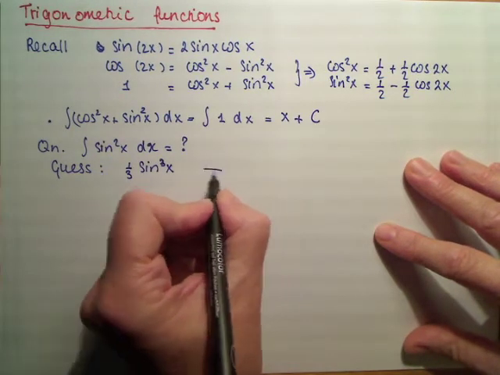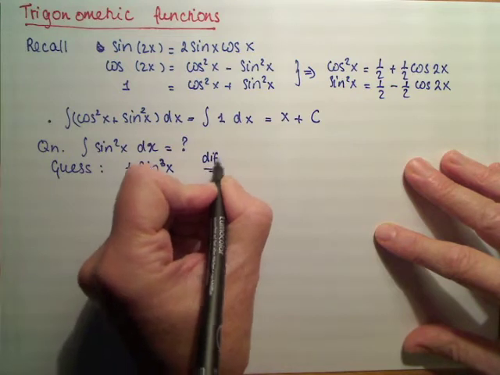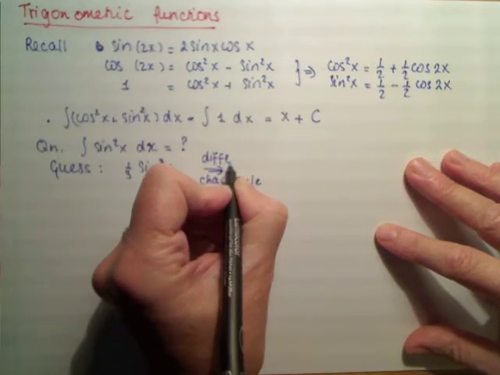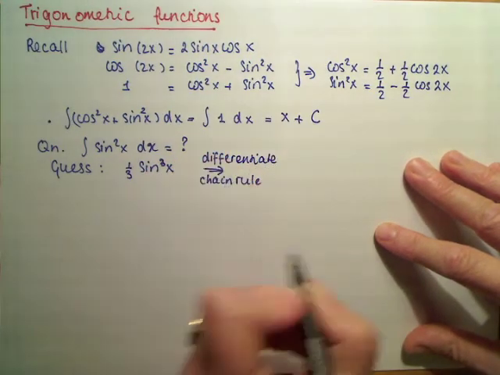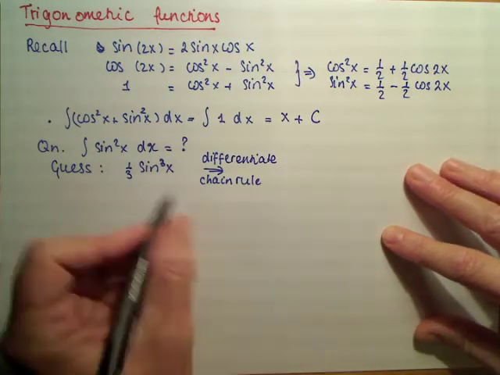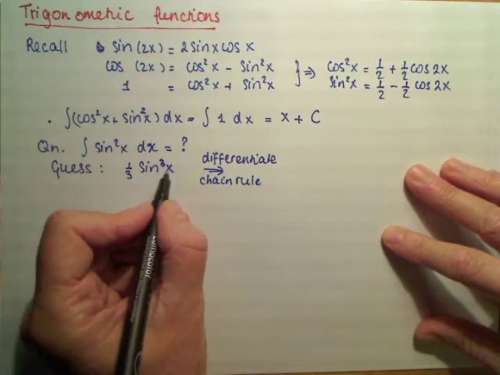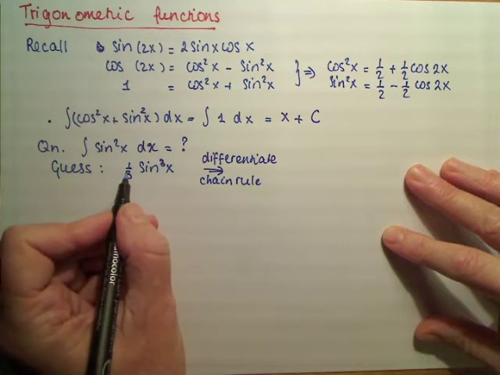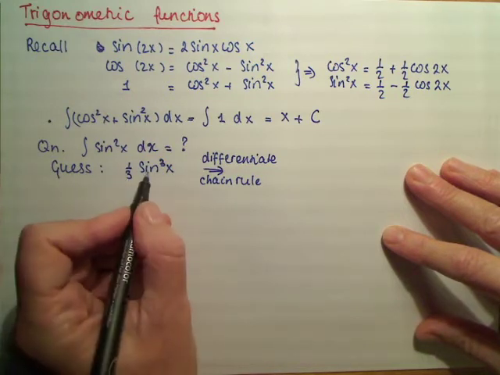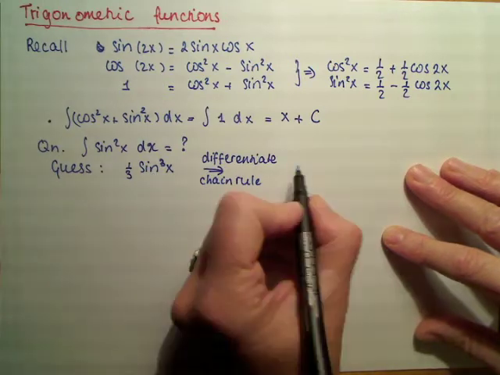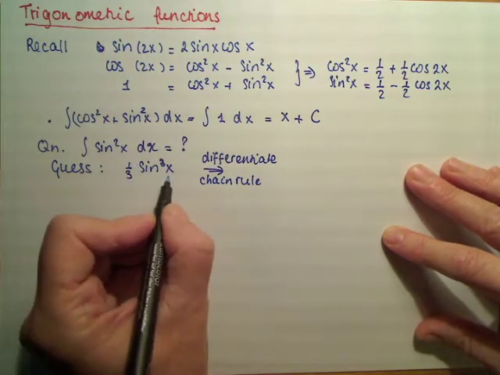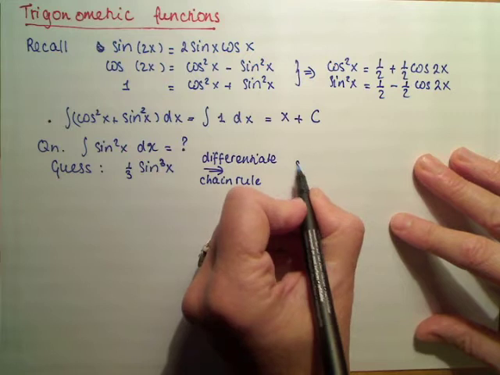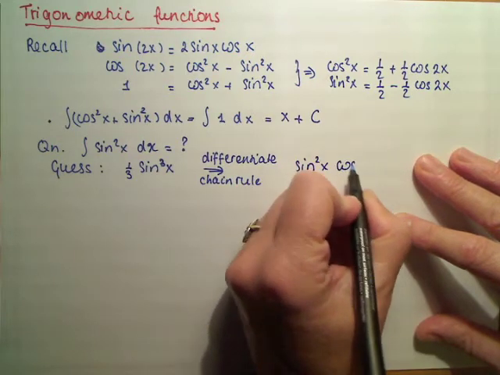But of course, if you differentiate and apply the chain rule, then what you get is the term sine of x squared, because the power is 3 times sine of x to the power 2. The power goes down by 1, multiplied by 1/3 is of course 1 times sine of x squared, but we have to multiply as well by the derivative of sine of x, which is equal to cosine of x. So the derivative of this function then becomes sine of x squared multiplied by cosine of x.